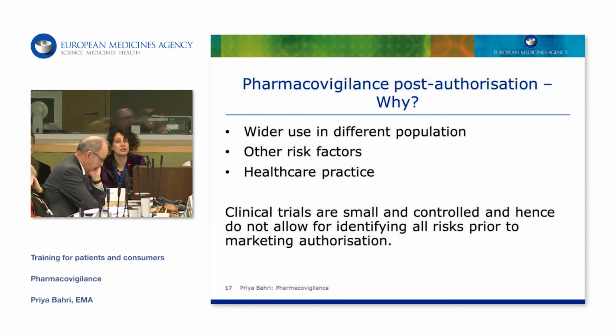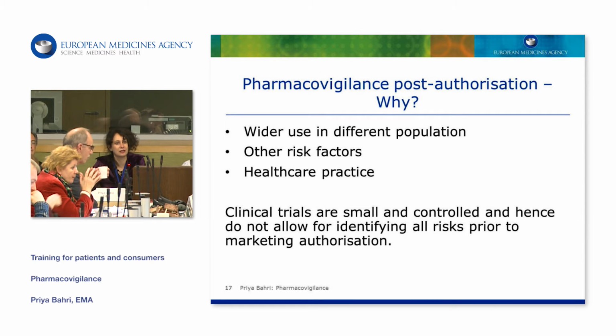Very often it's smaller, in particular in the orphan field, it would be very small. Now, it's only once the product is authorized that the medicine is used in thousands of patients, and they are all very different patients as compared to the rather standardized, highly selected patients prior to the authorization. Because for a clinical trial, you need to have certain case definitions.